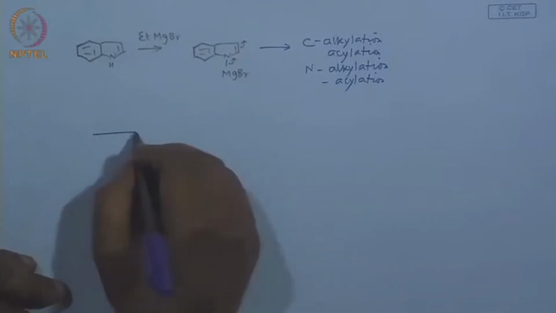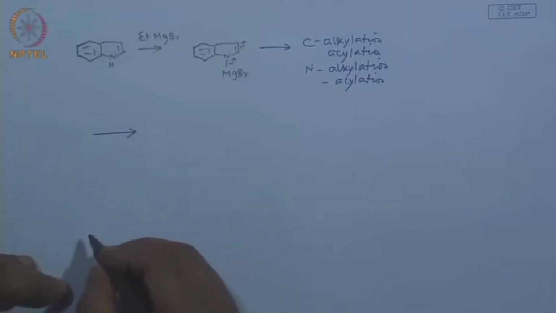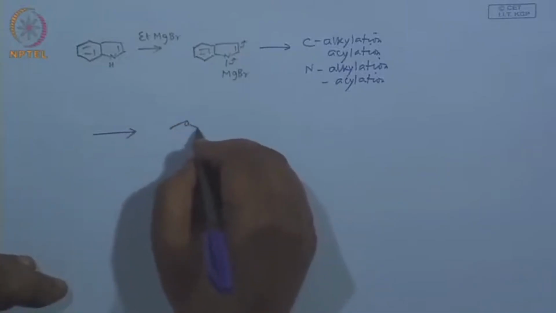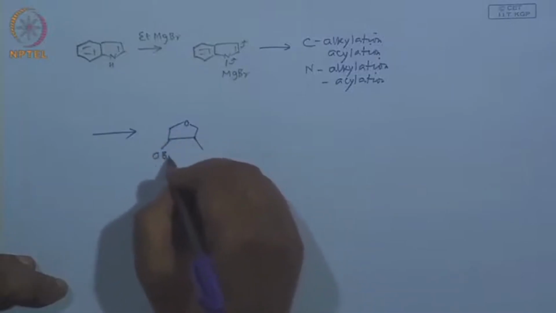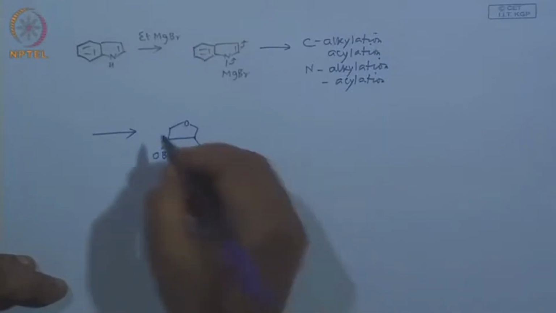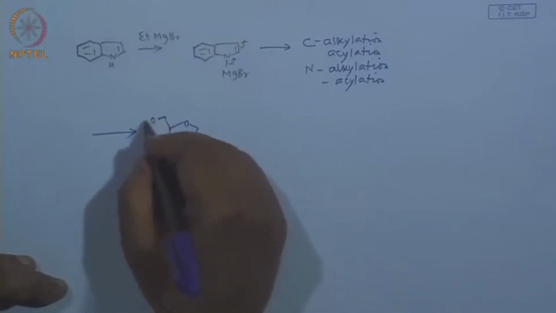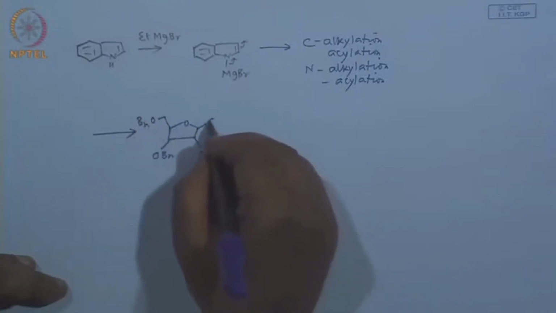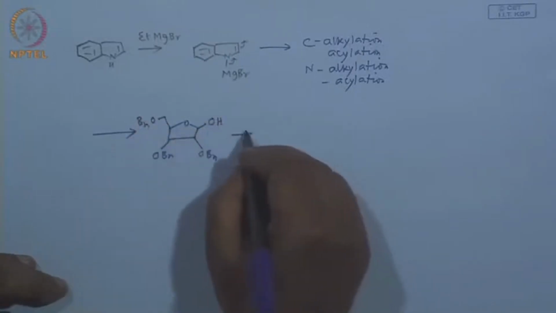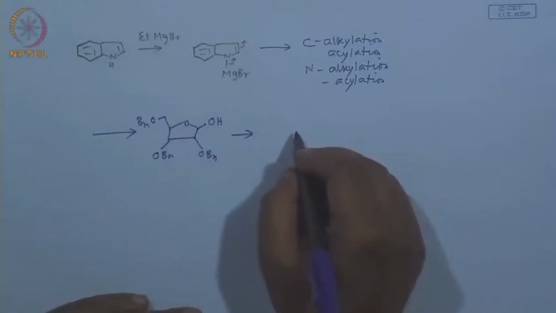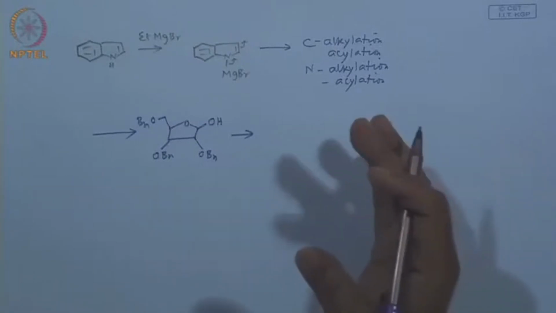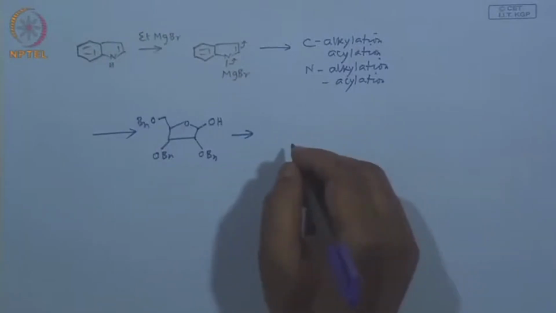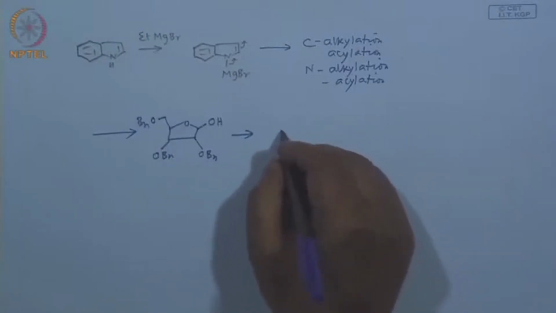If you react this magnesium compound with a ribose sugar, I will not indicate the stereochemistry to make it simpler. So, if you write this benzyl protected ribose sugar, you are likely to get two different products, or rather you can say four different products, all kinds of products. But in this particular example, two different products have been found.